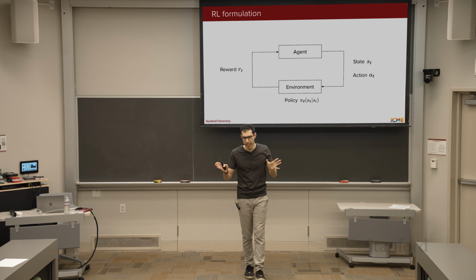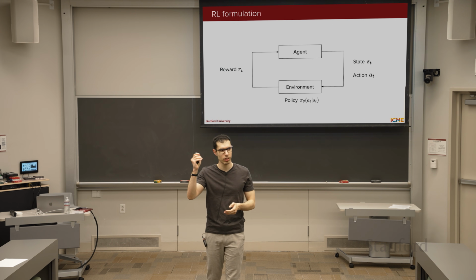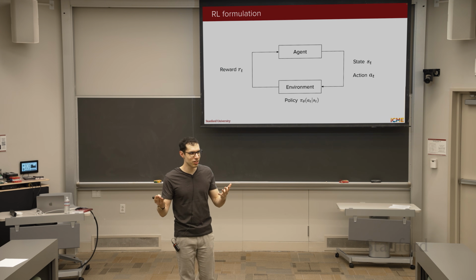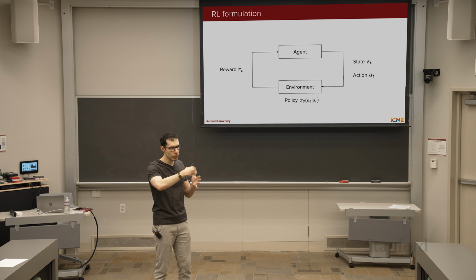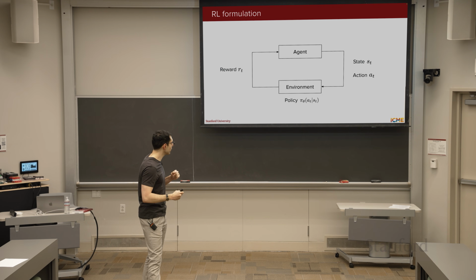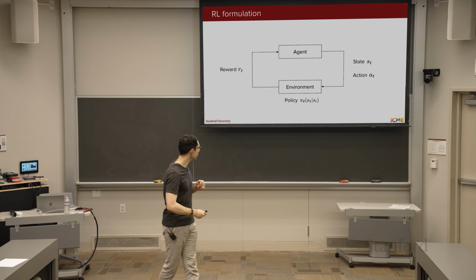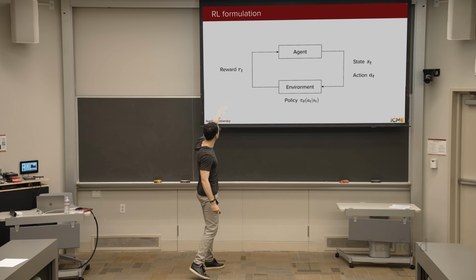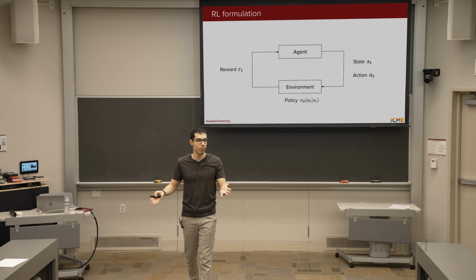The policy is typically noted pi of theta of the action given the state. What that policy means is simply giving you the probability of you taking an action given a state. Easy, right? And given that the agent takes some action, it also receives some reward. Sometimes it's a good reward, sometimes it's a bad reward.